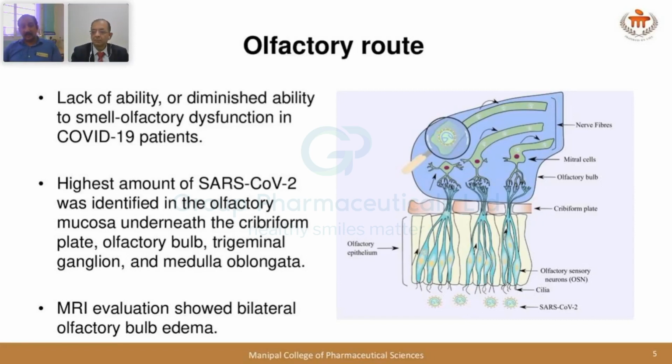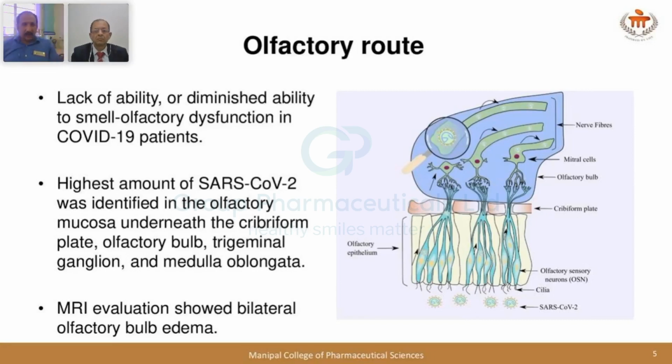So unlike the other special senses like tongue, eye or ear, which go through the medulla oblongata and then come back to the cortex region, here the olfactory pathway is directly linked to the olfactory bulb region, in the sense it offers a path for entry into the CNS without crossing the blood-brain barrier.